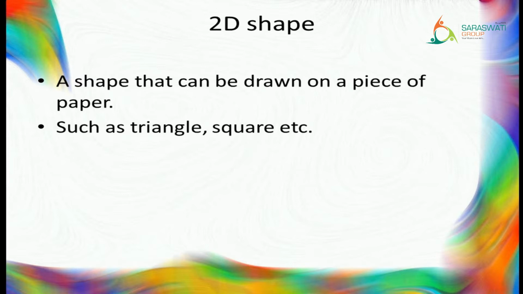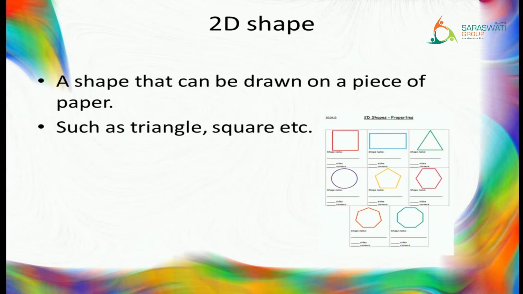That type of shape is known as a 2D shape, right? Here in the picture you can see there are so many 2D shapes I have drawn. That means it's a picture. Square, rectangle, triangle, circle, pentagon, hexagon, heptagon, and octagon, right?